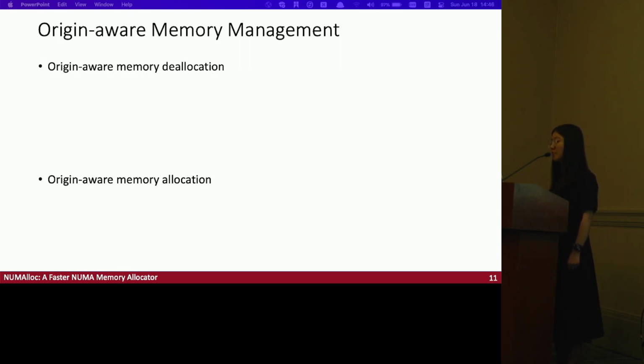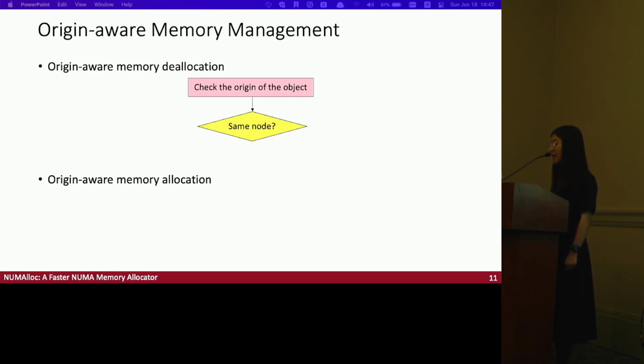Origin-aware memory management also includes two parts. Both of them require the coordination of binding to make it effective. We have mentioned that our allocator uses an origin computable design, so that we can quickly determine the origin of each heap object. Based on that, we propose origin-aware memory deallocation. When deallocating memory, we will first check the origin of the object and the deallocating thread.